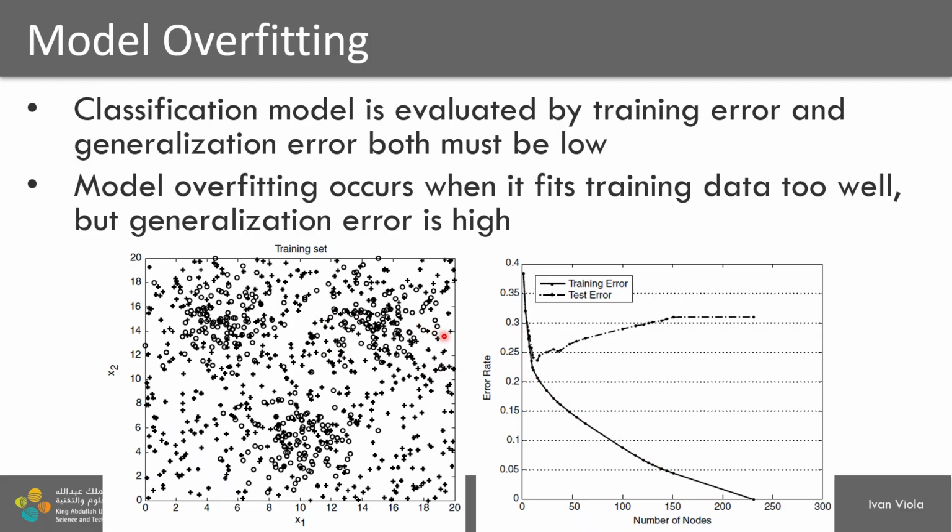We can see that on the validation or test error, which was closely following the training error, but at this point the overfitting started. And we can observe that our test error not only doesn't go down, it actually increases and becomes worse and worse. So this is an example of overfitting of a decision tree classifier.